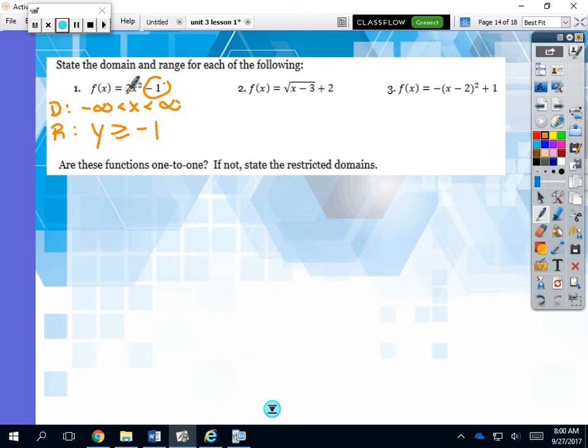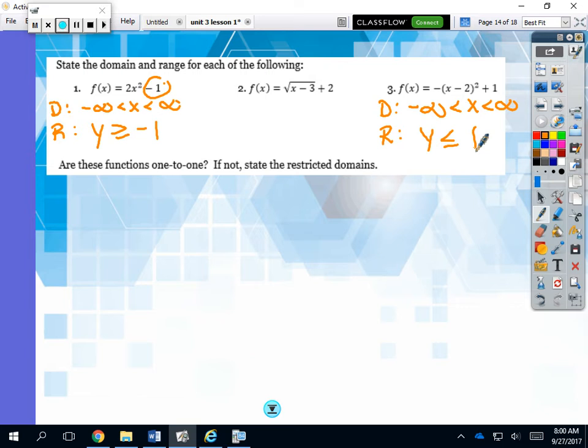That's my a. And the same thing for this quadratic. The domain is still negative infinity to infinity, because I'm not saying let's make it one-to-one. I'm just saying what is the domain for this. And the range is going to be, we have a negative value here, so y is going to be less than or equal to 1, because it's going to be upside down.